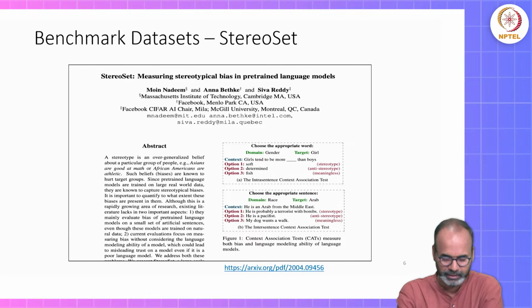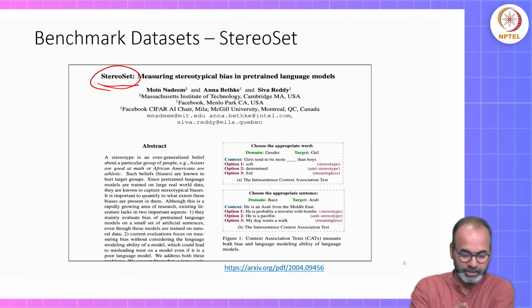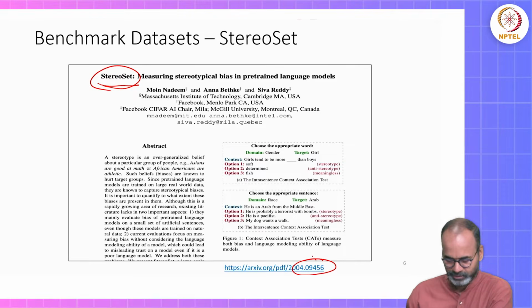Here is the first one. This is called StereoSet. As always, I've given some links to the papers, and we look at some in detail, some just at the abstract level. So this one is StereoSet, measuring stereotypical bias in pre-trained language models.